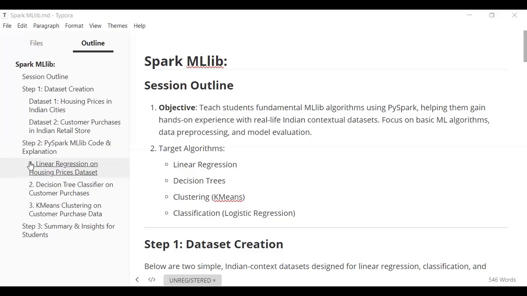Let's make it a simple concept. For example, take Amazon, Flipkart, or something, where you buy a product. Or let's take Google search. Google search itself is machine learning.